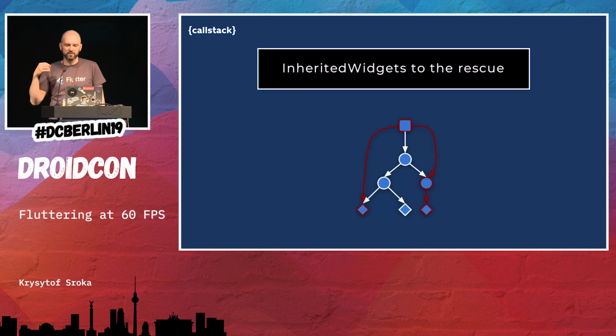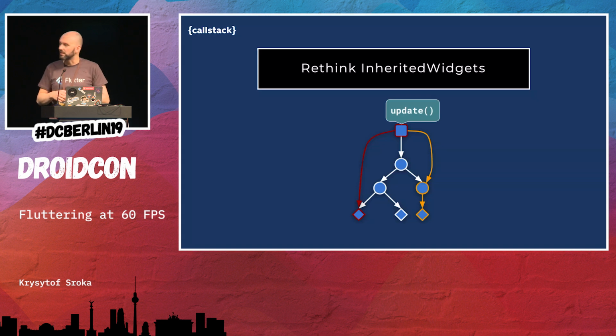The inherited widget always notifies all of the descendants, all of the widgets that depend on it, every time it updates. And if you have segments of data in your inherited widget, you might fire unnecessarily, notifying widgets to rebuild even though the data they depend on hasn't changed.